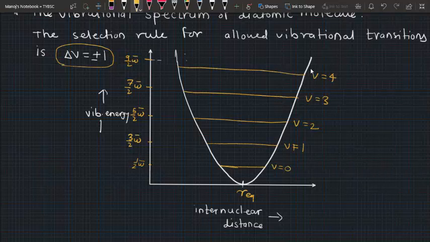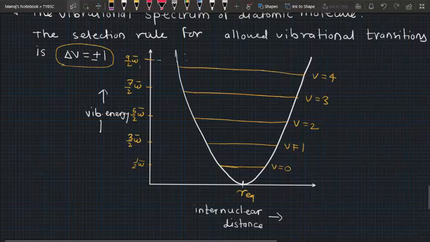Now the selection rule for vibrational spectroscopy is delta v equal to plus minus 1. It means that let us consider that the molecule's vibrational energy level increases. How do we show this transition? Let me take a proper step.